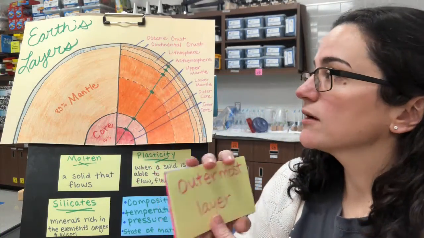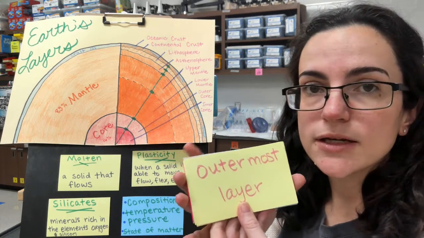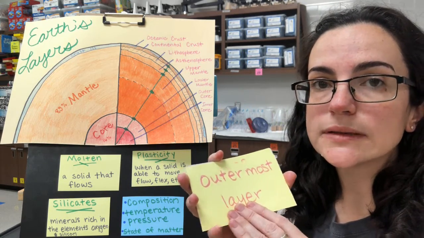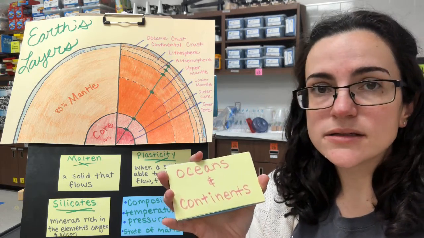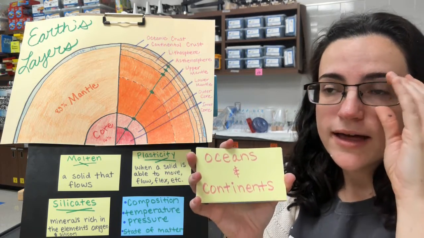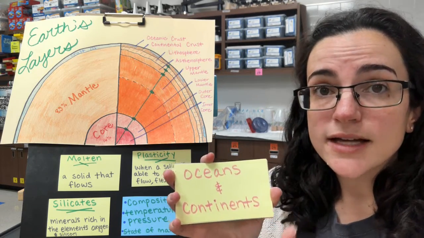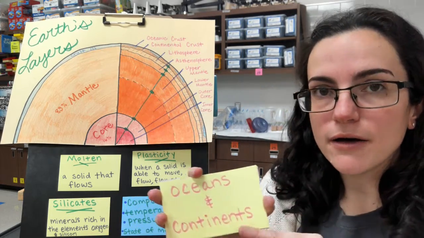So when we talk about the crust, my blue layer over here, we know that is the outermost layer of the planet. It consists of our oceans and our continents. So by that matter of fact, we know that that is where we live. We live on the crust, the outer part of the planet.